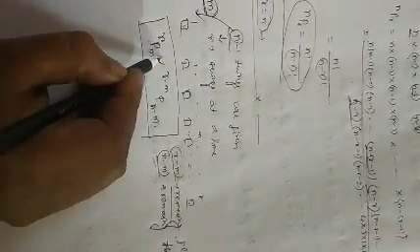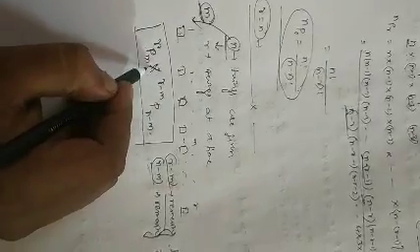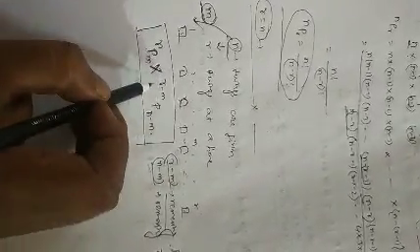So n minus m remaining things can be placed in r minus m remaining places in (n minus m)P(r minus m) ways. The total number of permutations will be, by the fundamental principle of counting, the product of the numbers of ways.